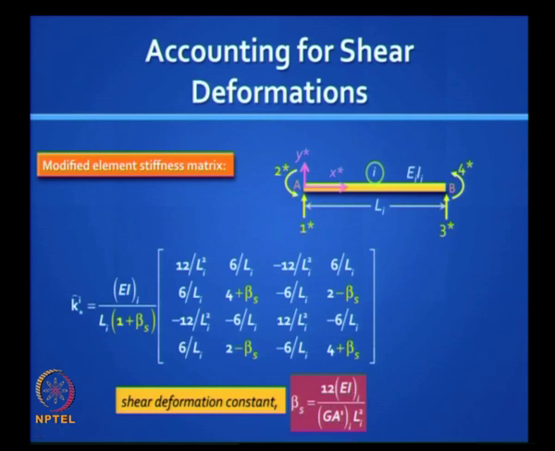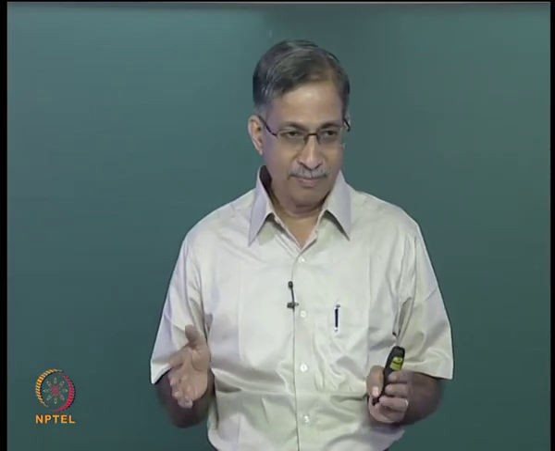G is the shear modulus, which is related to the elastic modulus through the Poisson's ratio, you know that. A dash is not the gross cross-sectional area, it is the reduced cross-sectional area, to account for the fact that the shear stress distribution is not uniform. Okay. So there is a form factor that comes into play.